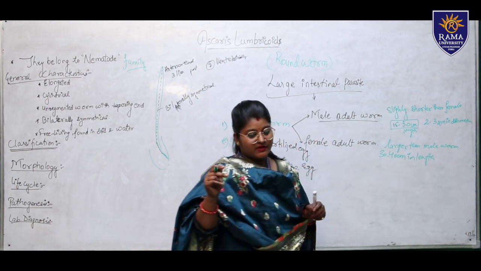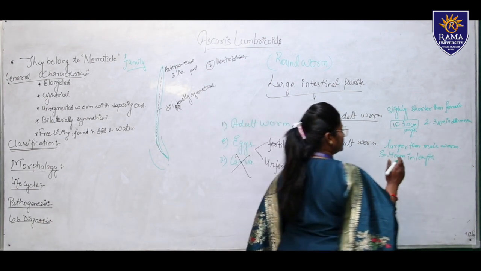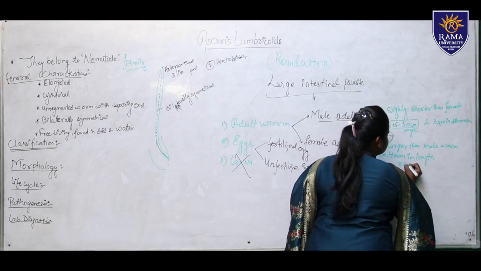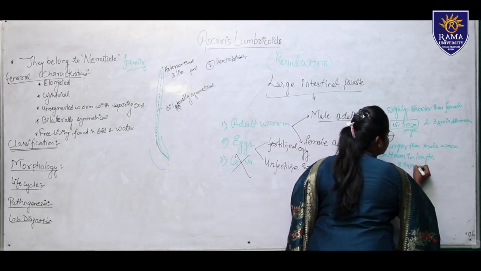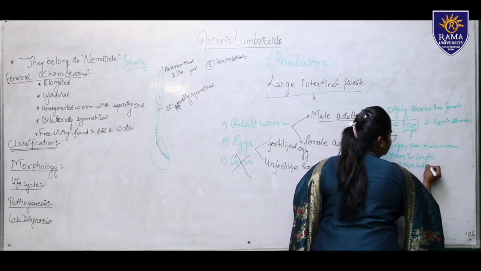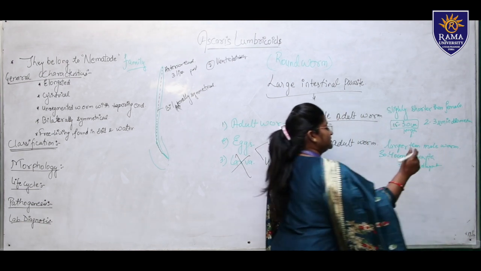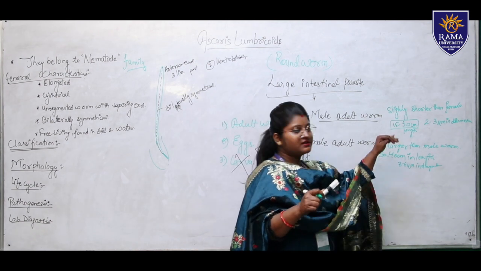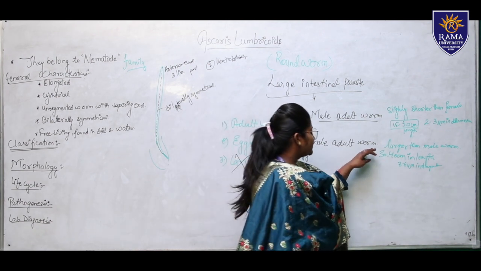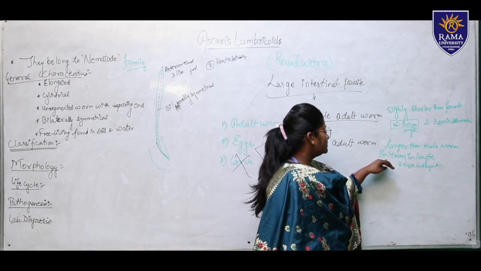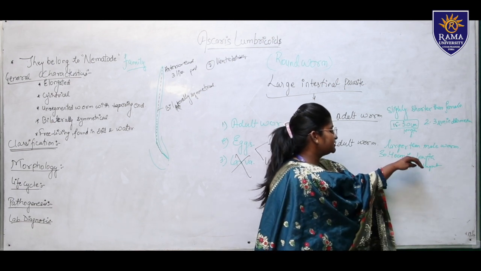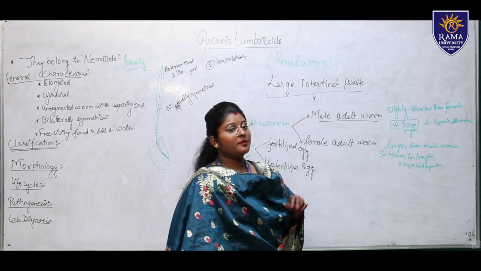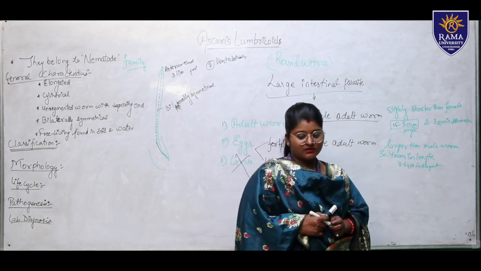Now we are talking about the width. This is 3 to 6 millimeters in diameter. So the female worm is larger than the male worm, and its length is about 30 to 40 centimeters and its thickness or diameter is 3 to 6 millimeters.